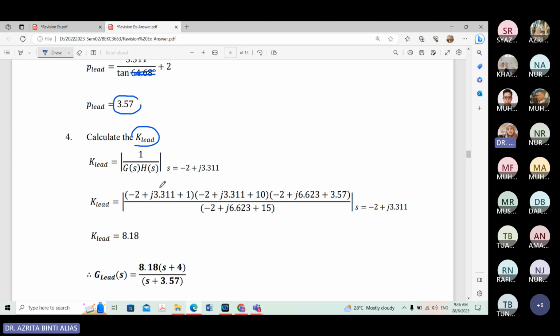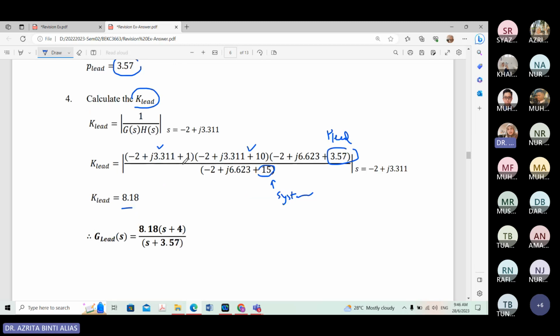So there are just three here. Here is from the system +1 +10, and here is our P lead, and the value here is the value from the system. Then you just use your calculator, and lastly we write the transfer function of the G lead.